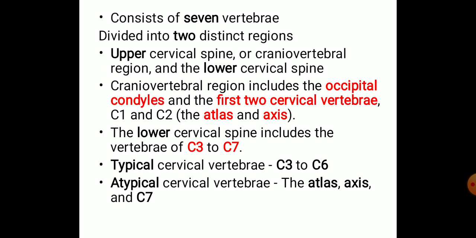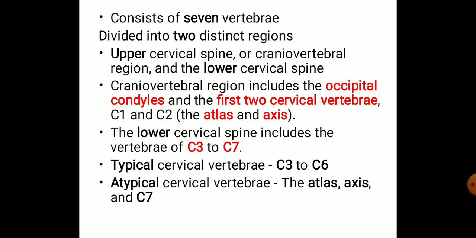Among these 7 vertebrae, we have what are called typical and atypical vertebrae. Typical vertebrae have some typical characteristics and properties which they share among them. If you look at C3 to C6, all these 4 vertebrae have some similarities in their structure and function.